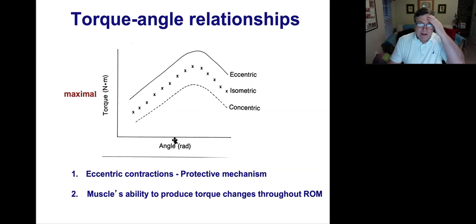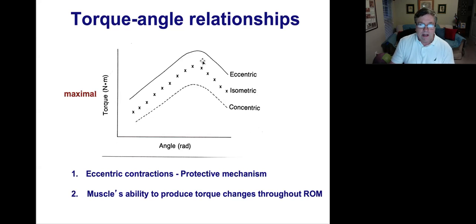It's not all bad though, so let's think about some advantages of an eccentric contraction, especially a maximal effort. So one of the things to notice about this relationship between torque and joint angle is that the amount of torque changes throughout the range of motion. And that's because the angle of pull, remember, of that muscle is changing throughout the range of motion. It's closest to 90 degrees somewhere in the middle, and then closer to 0 on the other end.